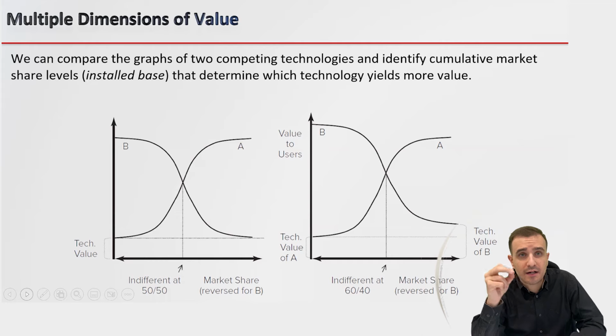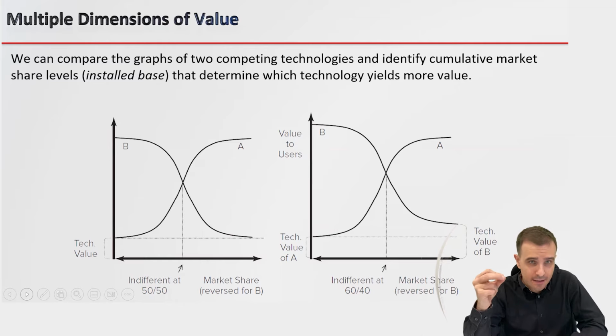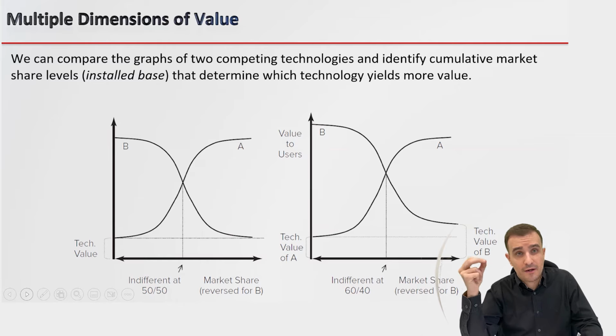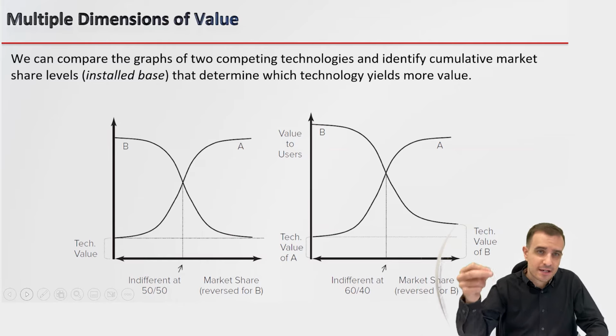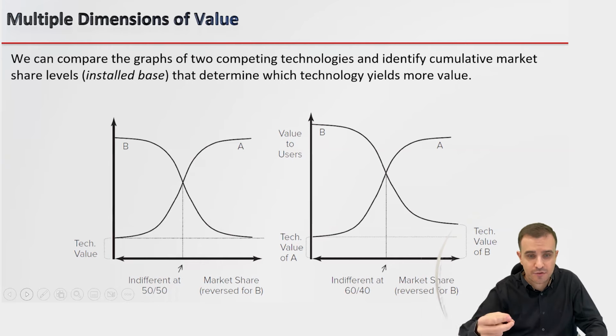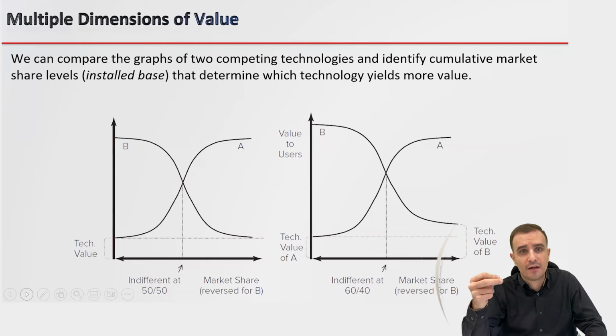However, what the graph tells us is that when either of them, either A or B, exceeds the market share of 50%, users will prefer this technology due to the higher user base. The graph on the right-hand side tells us a slightly different story. As you can see, technology B has higher value.